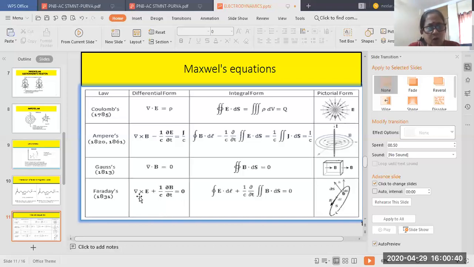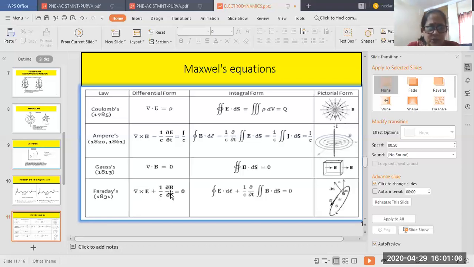So del cross E. If you take del as one dimension, that is only x is there, this will be dou by dou x. Let us say E is also one dimension, this is simply Ex, the x component of E. So dou by dou x of Ex gives you the first part.